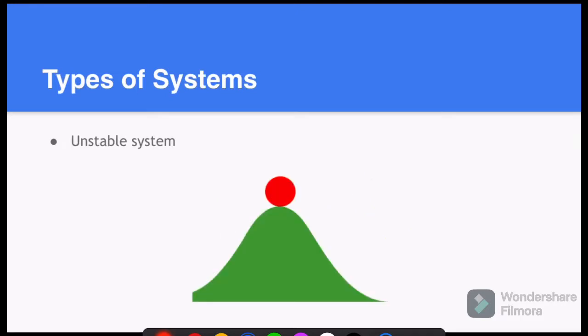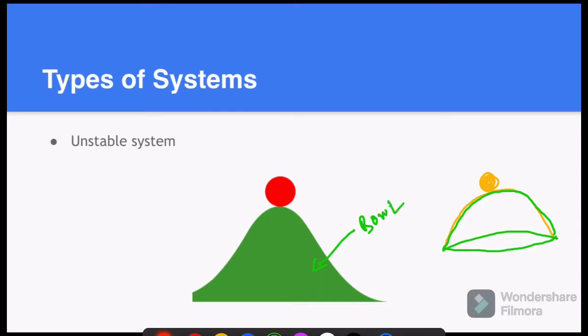Okay, so now in this case we'll place the ball on the inverted bowl. So this one is the bowl and this one is the ball. What will happen, suppose if you apply an external force, it will fall off in any direction.